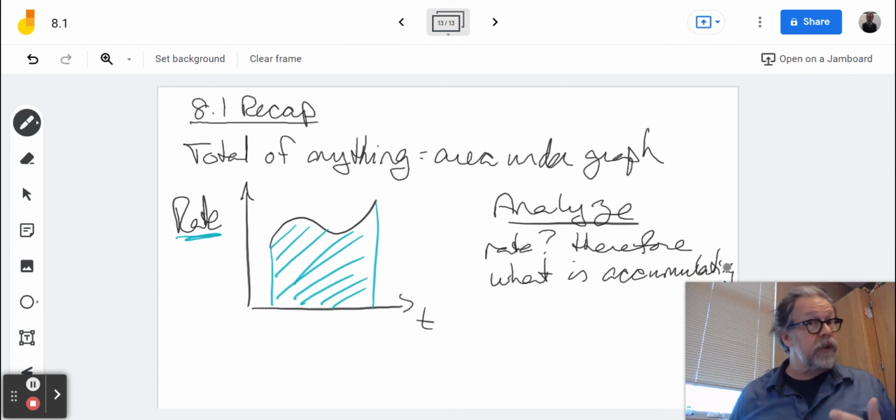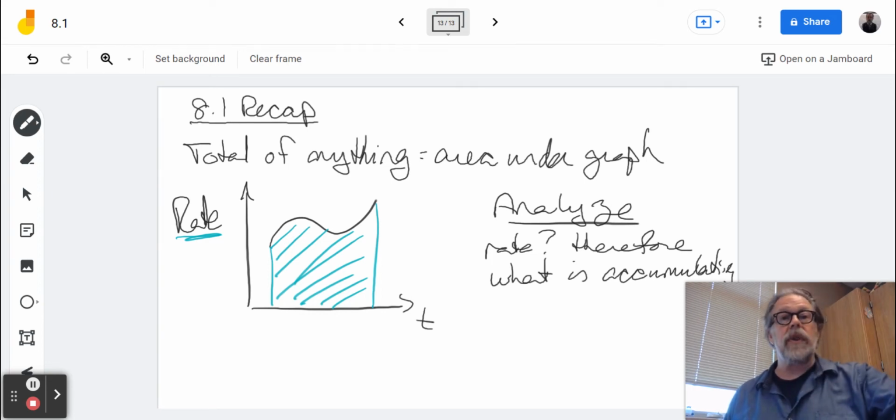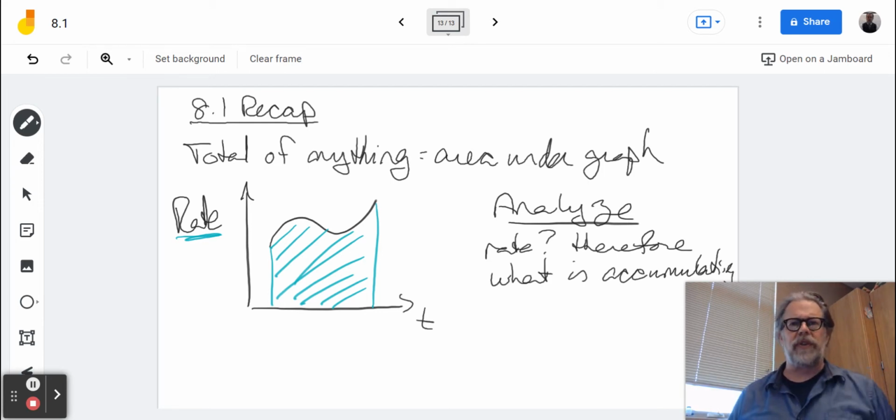If it is a rate of snowfall, then snow is accumulating. If it is a rate of speed, then distance is accumulating. If it's a rate of acceleration, then velocity is accumulating. And you can think back to all the examples we've done over the course of this section. If it is a rate of force, work was accumulating.